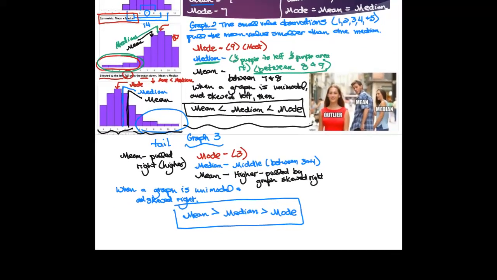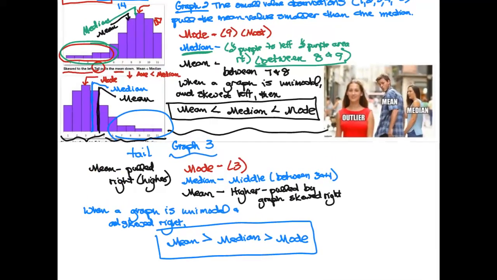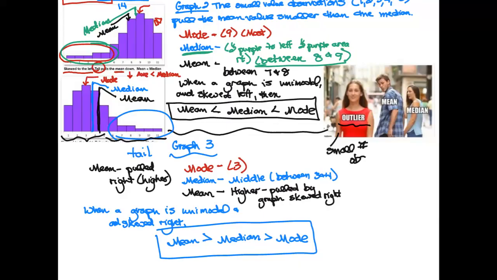So sometimes if you look at this meme here, you've got the mean, the median. These are some outliers. These are like the small number of observations that you have going on.